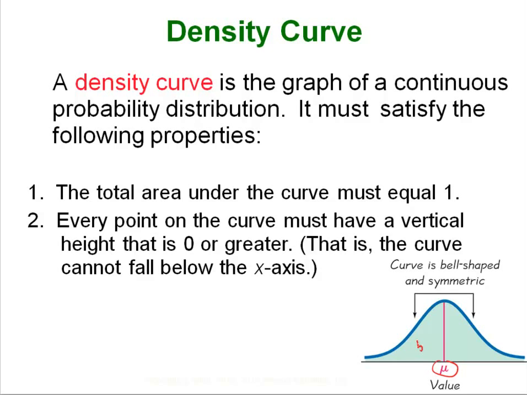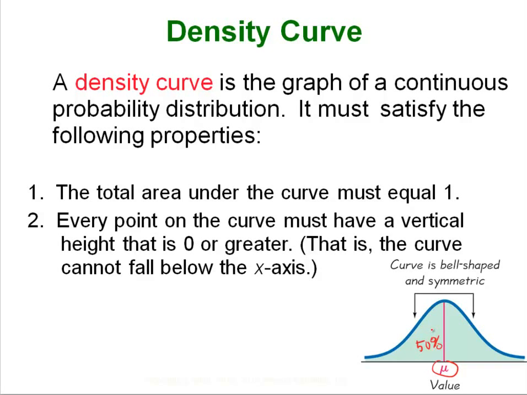You can say 50%, right? So we're going to use this idea of 100%, or the area being 1 under the curve, to be able to answer questions involving probabilities.